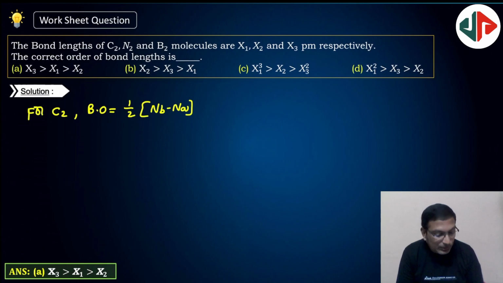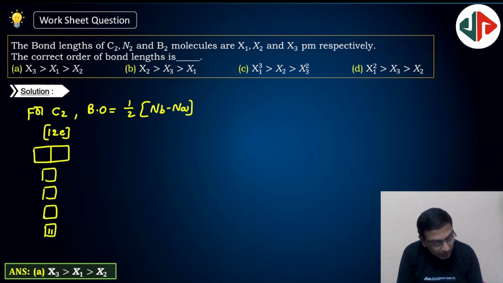For C2, total number of electrons is 12. We can fill 12 electrons like this: 2 electrons, 2 electrons, 2 electrons, 2 electrons, total 8, 9, 10, 11, 12 electrons.